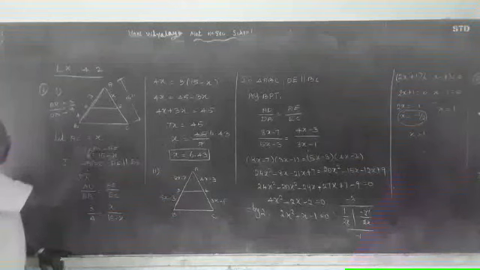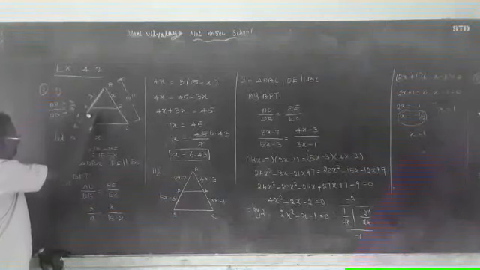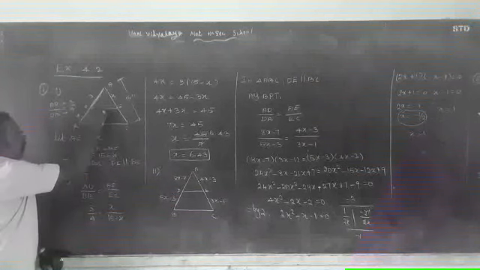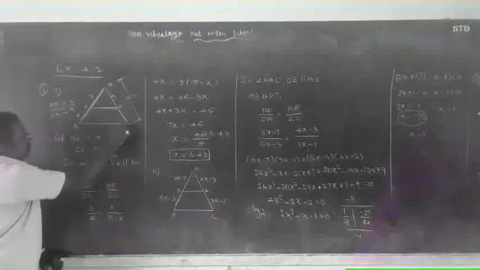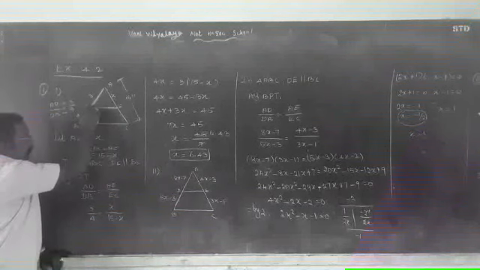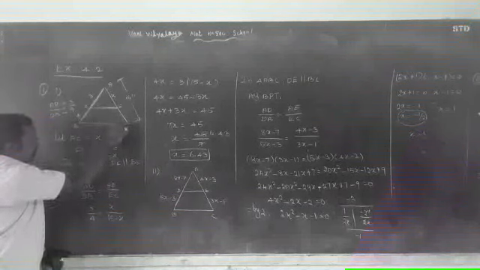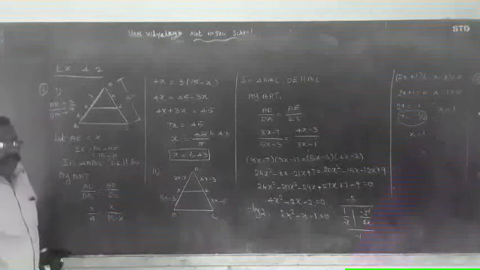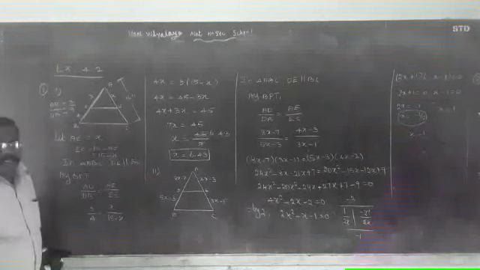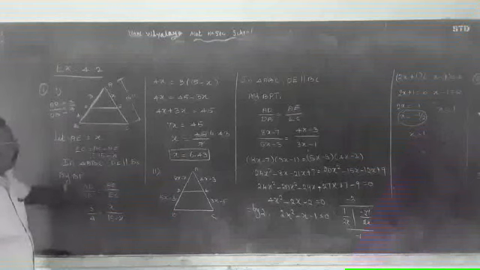In a triangle ABC, DE is parallel to BC. So parallel means basic proportionality theorem, BPT. What does the basic proportionality theorem say?